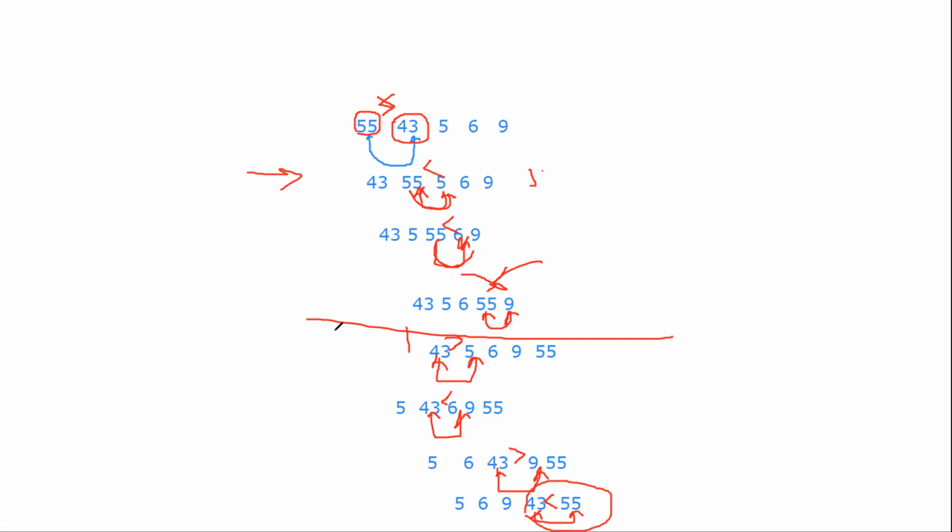Compare elements until all array elements get sorted in ascending order. So our new list is 5, 6, 9, 43 and 55.